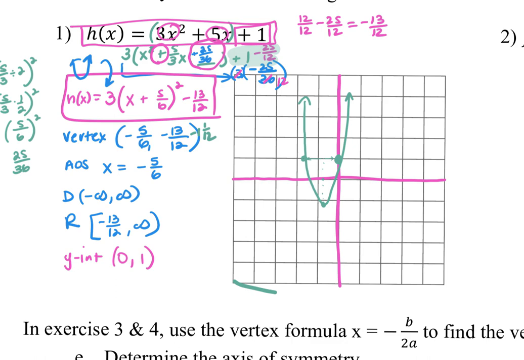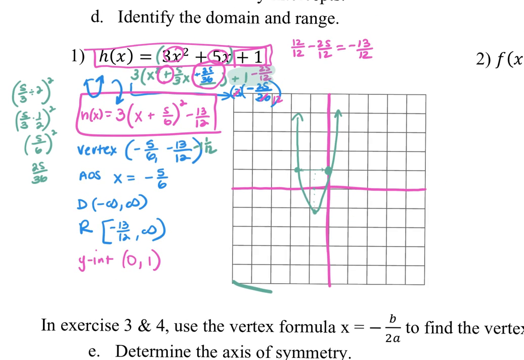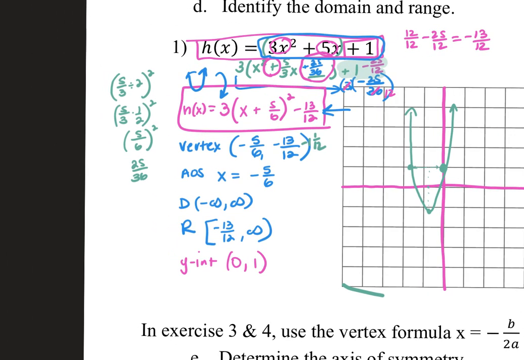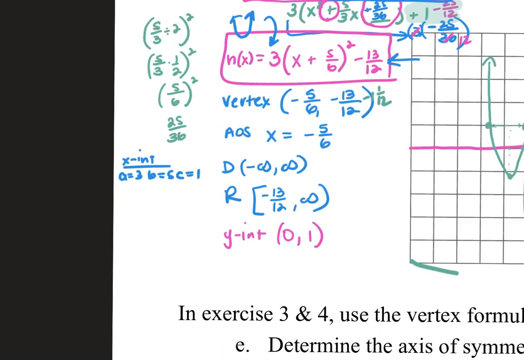They're not whole numbers, so I'm going to find them. It's easier to use the quadratic formula this time on the beginning than use the even root on this because it's fractions, but you can do both. So if I wanted to find the x-intercepts, A is 3, B is 5, and C is 1.